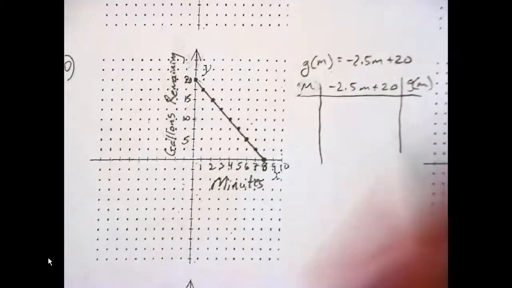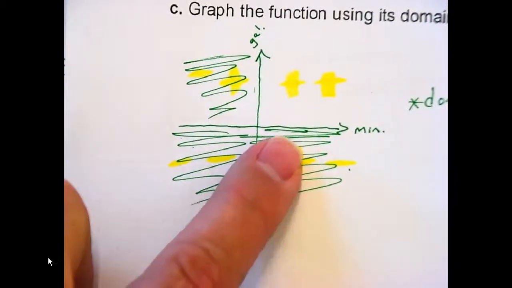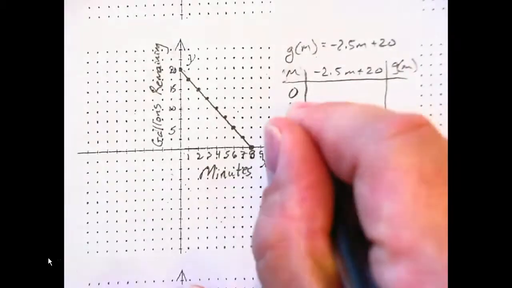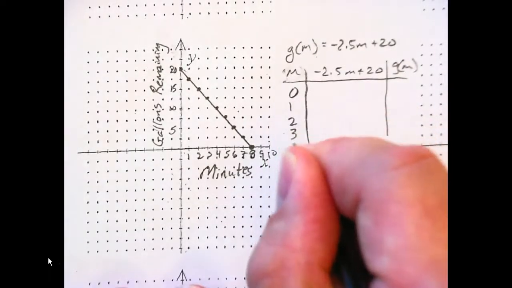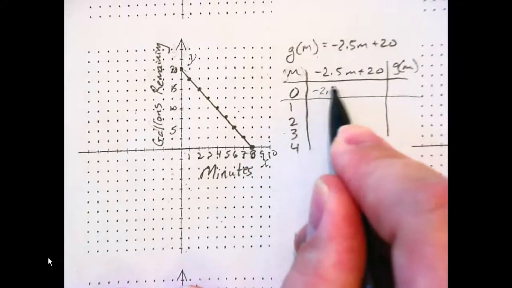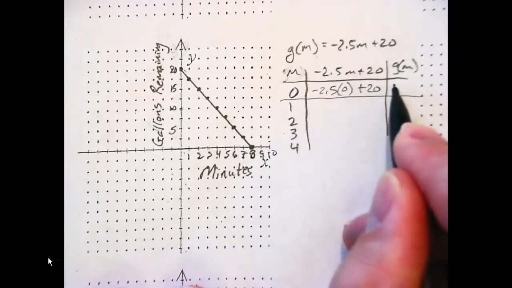And I know that based upon what we did right here, my starting point for the minutes should be 0. And then it has to be positive minutes from there. Well, if I put 0 in here, negative 2.5 times 0 plus 20 is 20.